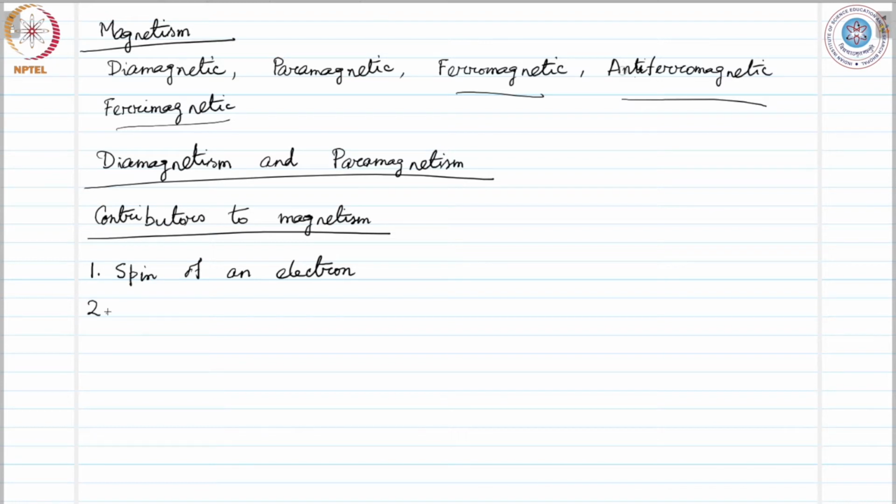Then there is the orbital angular momentum of an electron, and finally the change of orbital angular momentum due to the applied magnetic field.